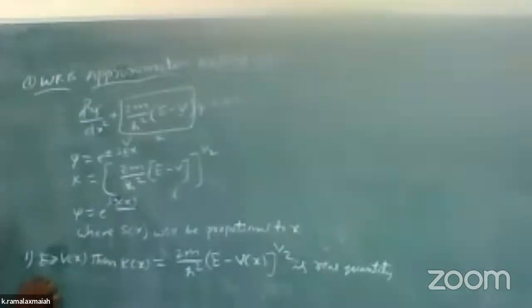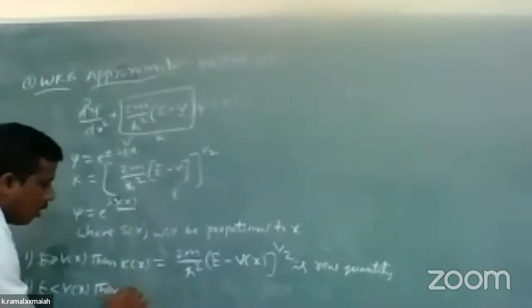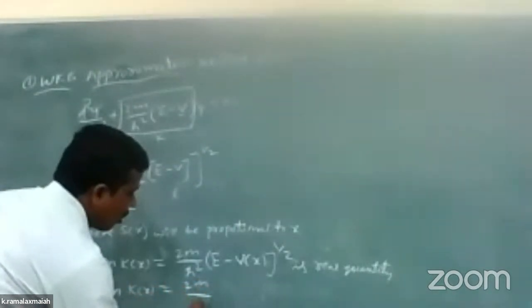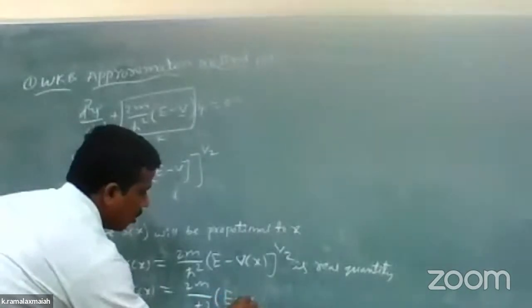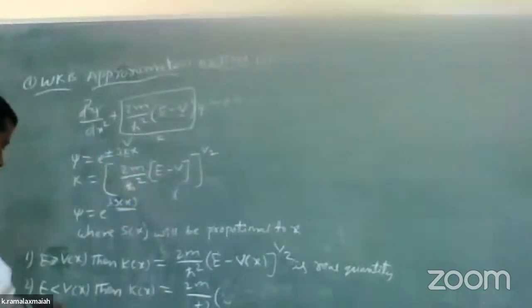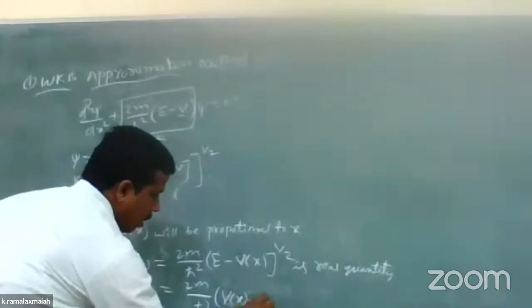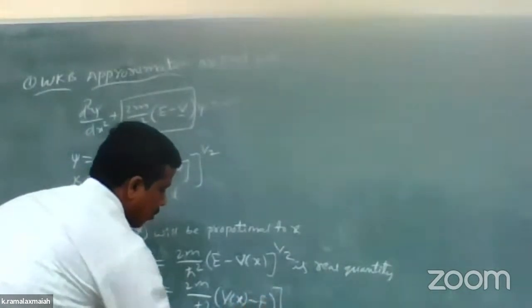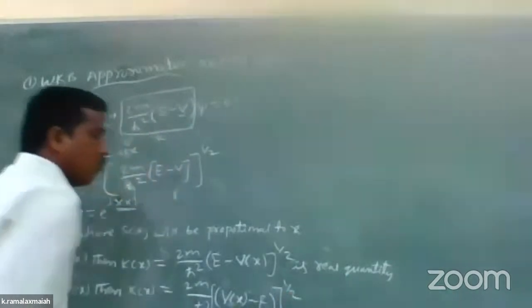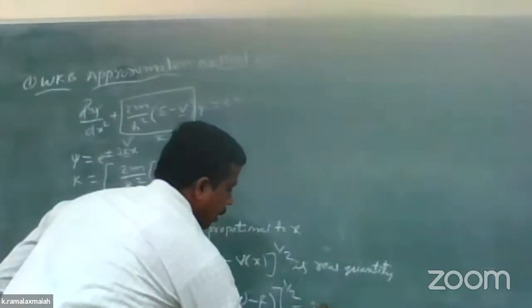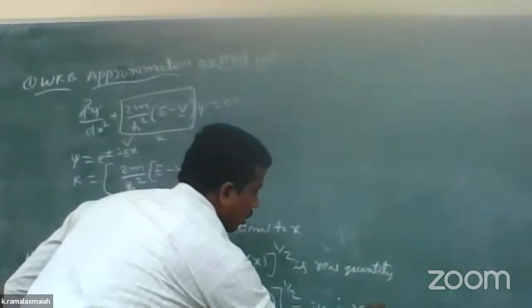Next, the second one is E less than V of x, then k of x is equal to (2m by h bar square (V of x minus E)) to the power of 1 by 2, is equal to i k, a real quantity.